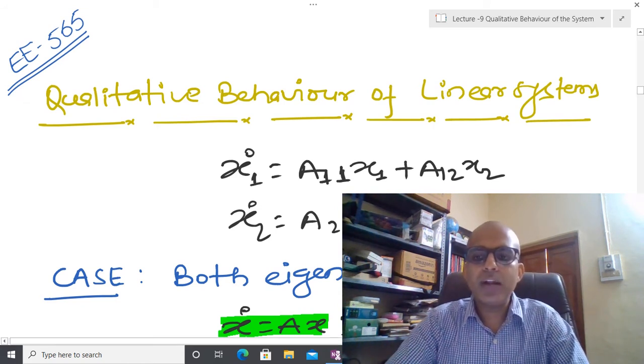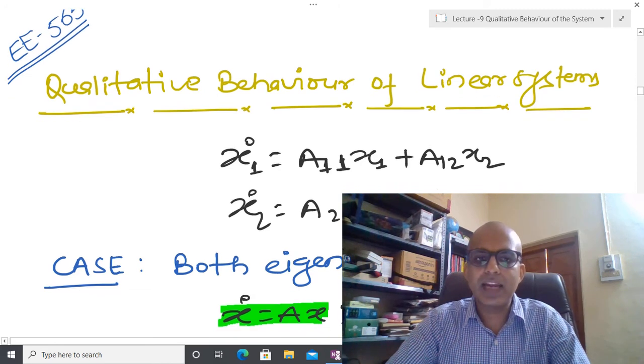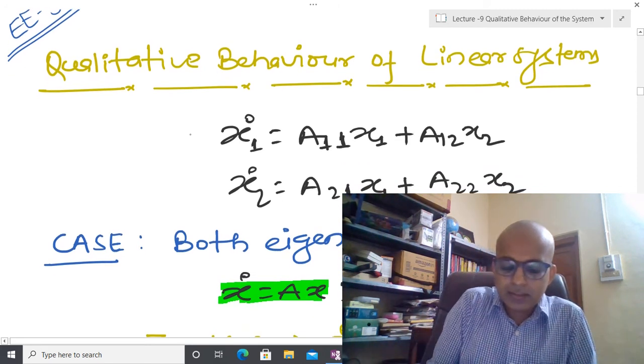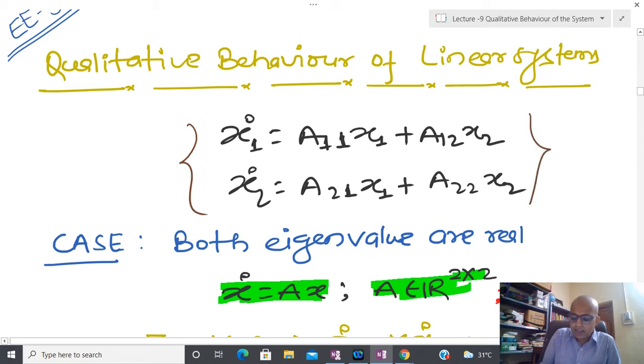What we found in the previous class is that this is a linear autonomous system where x1 belongs to the real numbers and x2 also belongs to the real numbers.